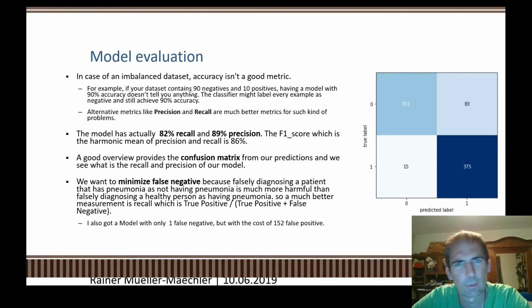If you, for example, have 90 negatives and 10 positives, having a model with 90% accuracy doesn't tell you anything, because you could just label everything as negative and achieve 90% accuracy. And as already mentioned, we really want to minimize false negatives, because this is the most harmful thing when false diagnosing happens.